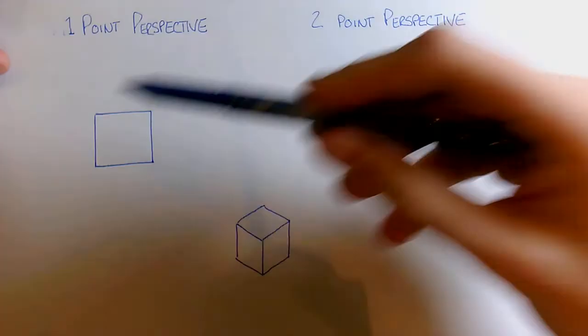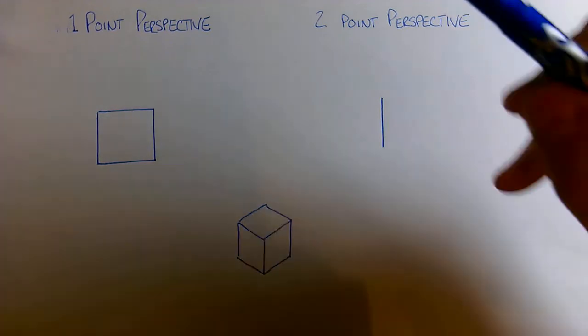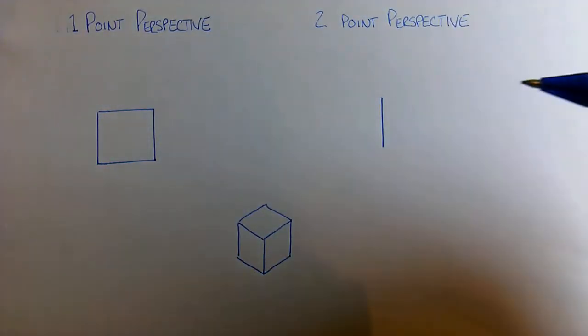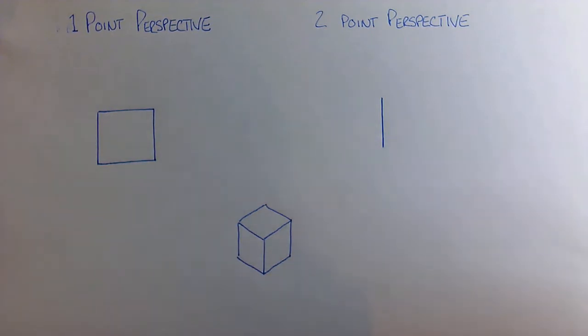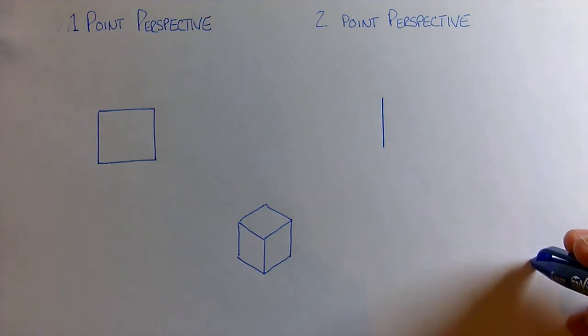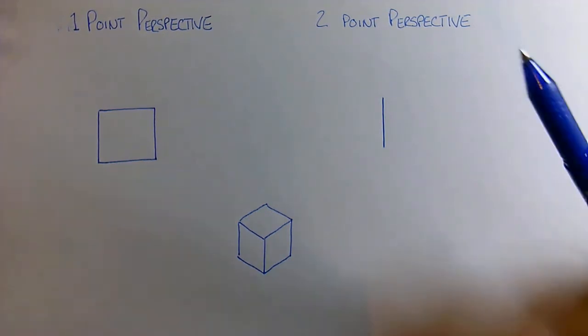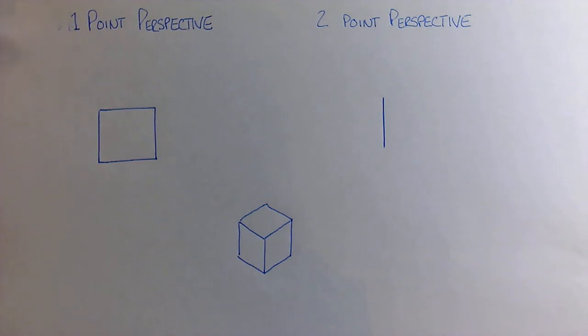So we want to start off with 1-point perspective first. I've sketched my square. Now, if you're looking down a very long road, the road doesn't stay the same width the entire way, does it? If you look down it, it will gradually shrink until you can't see it.